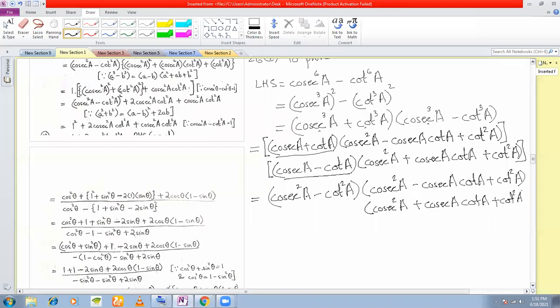So now you know cosec square minus cot square is 1. So all that you are left with is this and this, right?